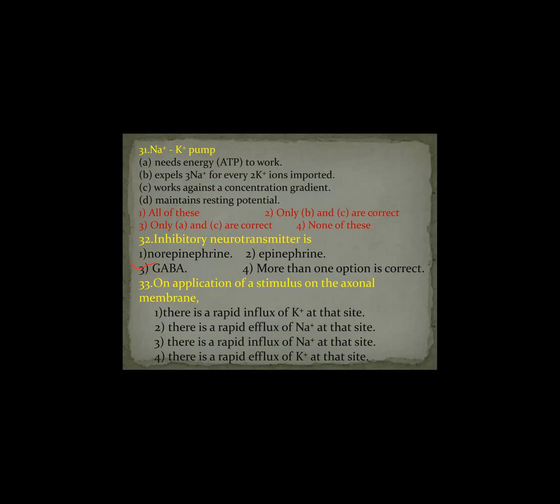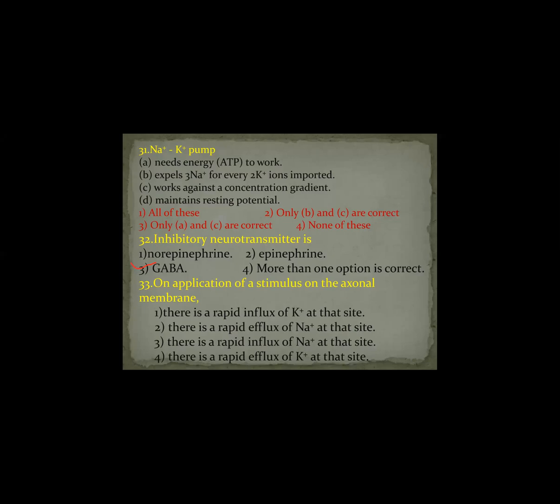Next, on application of a stimulus on the axonal membrane. When we provide a threshold stimulus, what happens in the axonal membrane? There is a rapid influx of potassium, first option. There is a rapid efflux of sodium. There is a rapid influx of sodium.